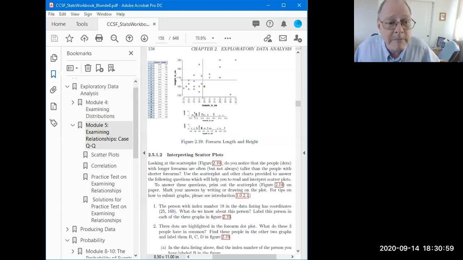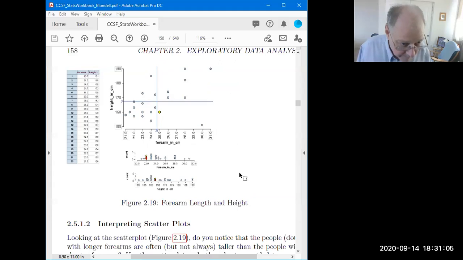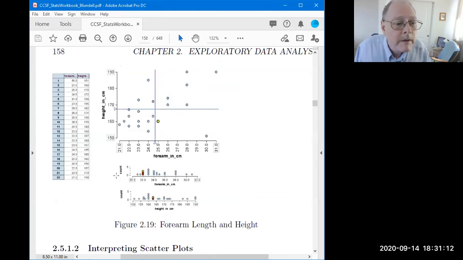Now, this thing down below here, you see. Let me make this bigger. The one up top is a scatter plot, and the one down below is a dot plot like we already made earlier in the semester.